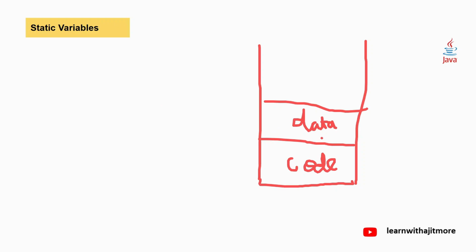And they are destroyed when the program is terminated. Means in short, when your main is over, because the program life cycle starts with main, and when main is over, the program is over, we say. So when your program is terminated, that is when this memory is freed.